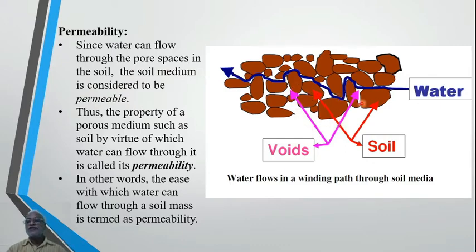Through these voids, obviously water can seep through. Thus, the property of a porous medium such as soil, by virtue of which water can flow through it, is called permeability. In other words, the ease with which water can flow through a soil mass is termed permeability.